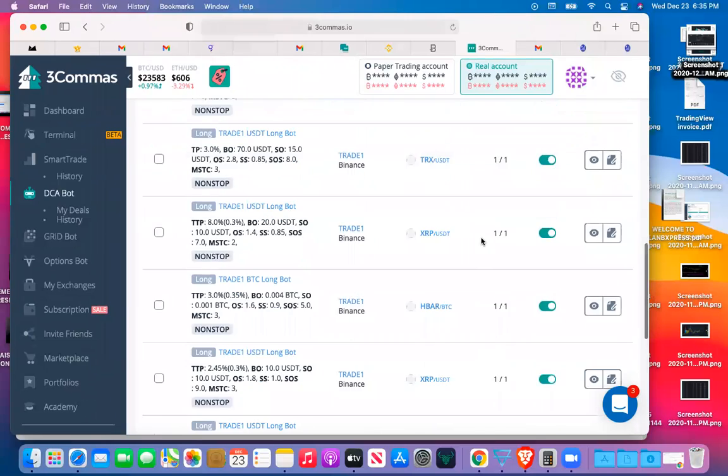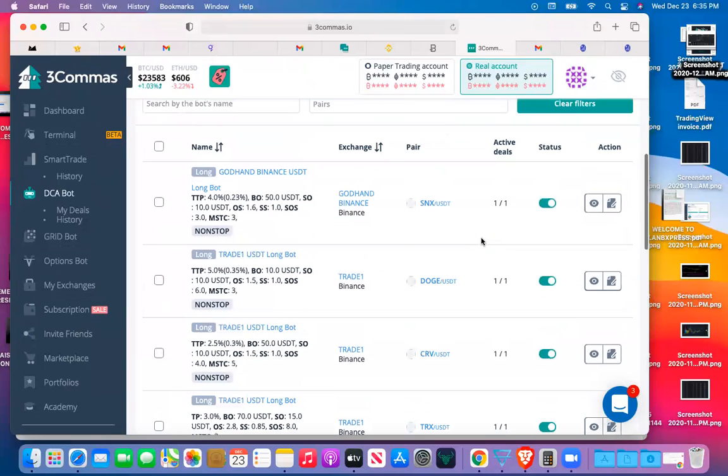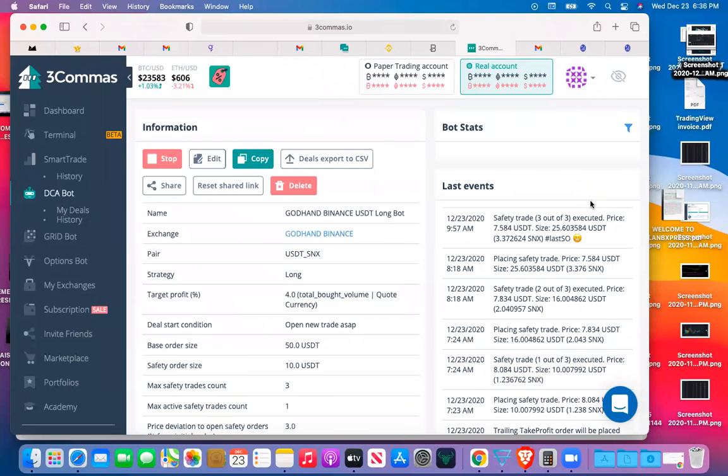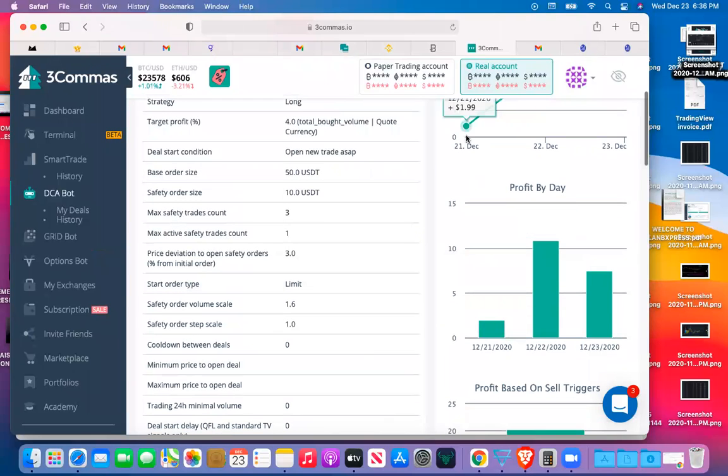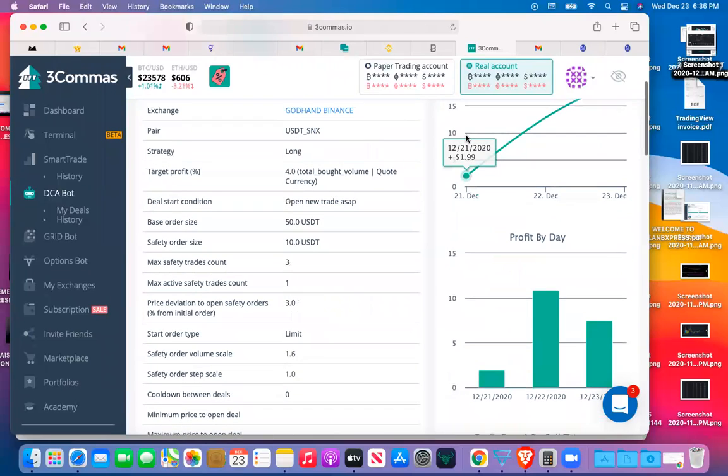If your amount is too small, there's no point. If you look at it, I just want to view a bot that has opened. I think I opened this bot. All right, you can see I opened XNX USDT. It has made $20 profit, and this bot was opened on the 21st of this December, right?